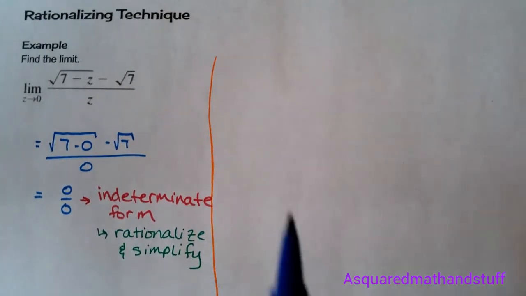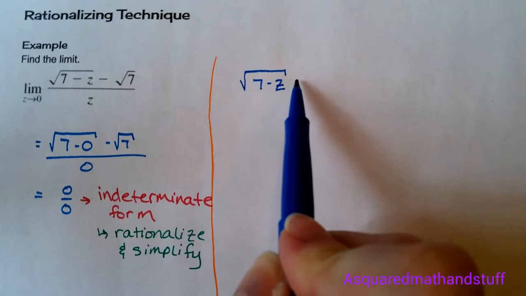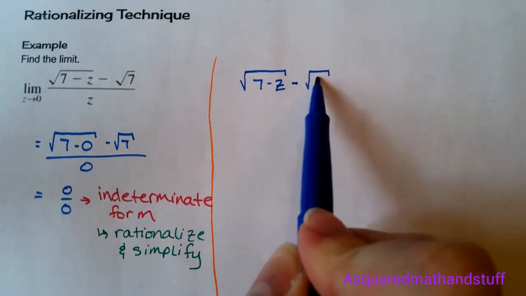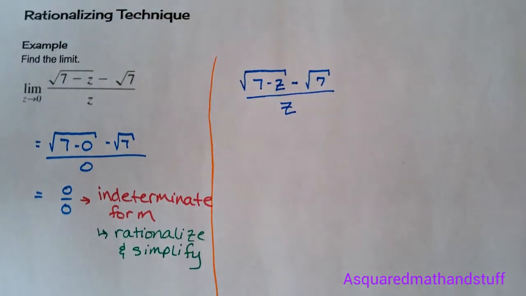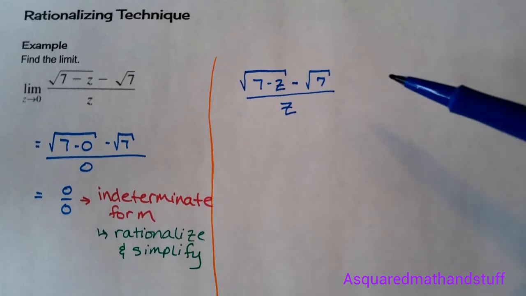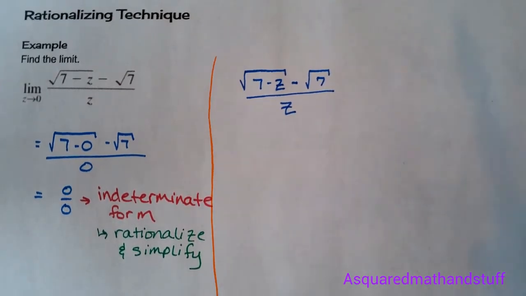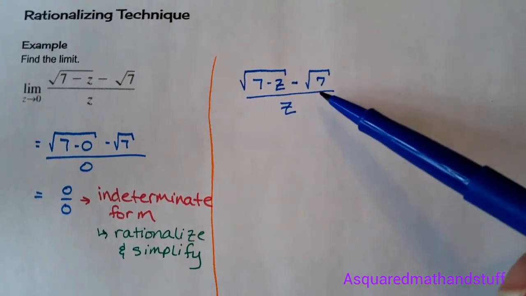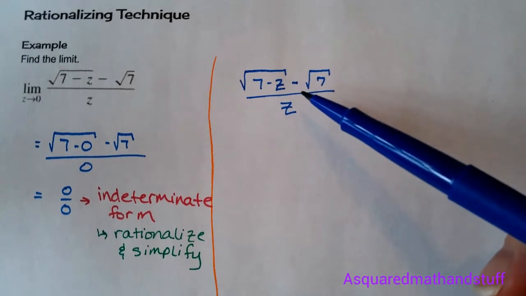So let's take a look at just rationalizing the square root of 7 minus z minus the square root of 7, all divided by z. If you recall, when you rationalize a square root, or rationalize a numerator or denominator, we work with the conjugate of what we want to rationalize. So we want to rationalize the numerator here, and the conjugate would be to change this minus sign to a plus sign.